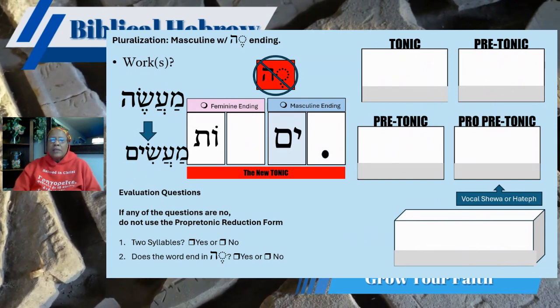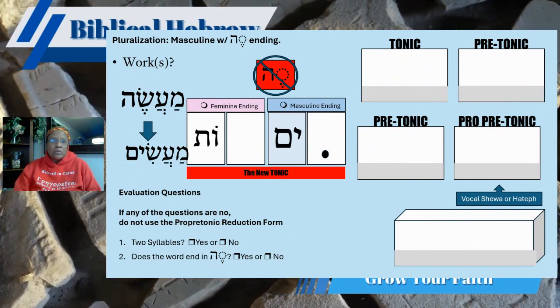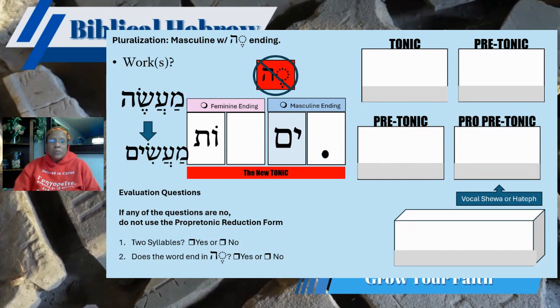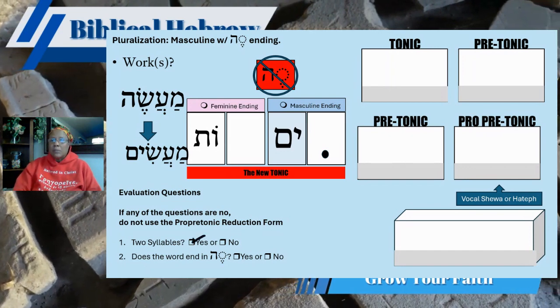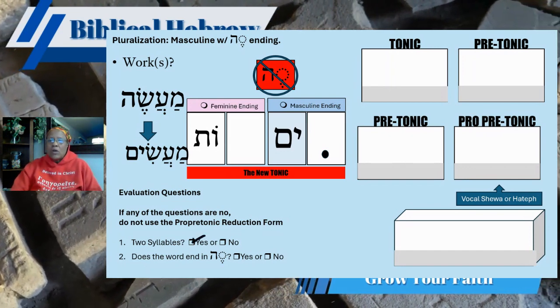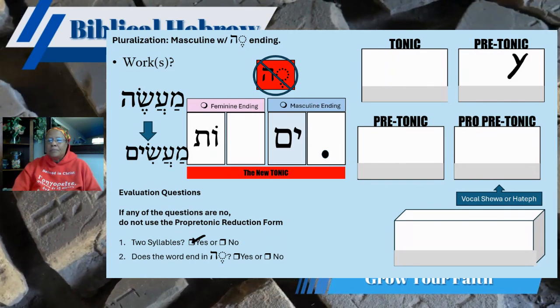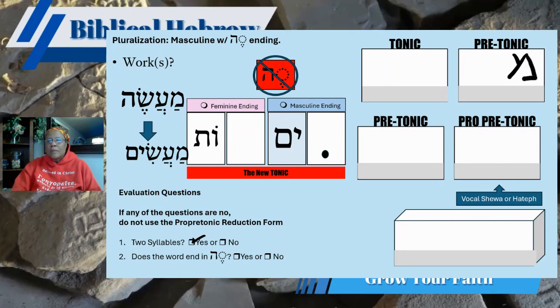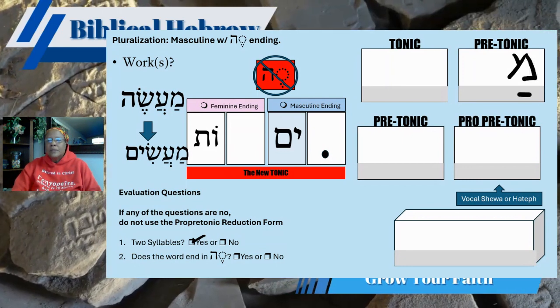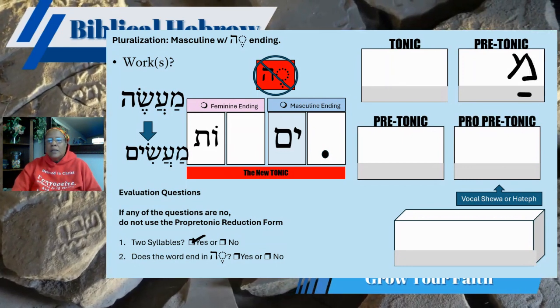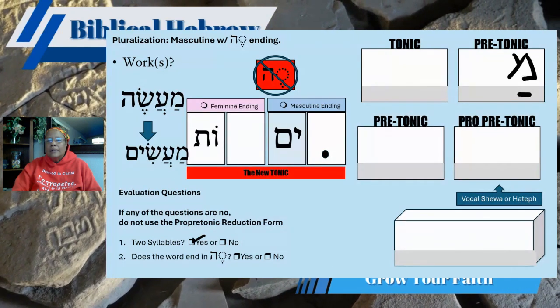Ma'ase. All right, so it is multiple syllables. It's not just two syllables, but it is more than one syllable. So the pretonic, we have ma with the patach, and ma'a.